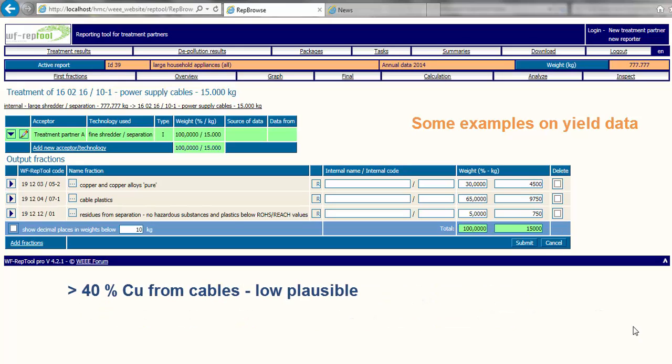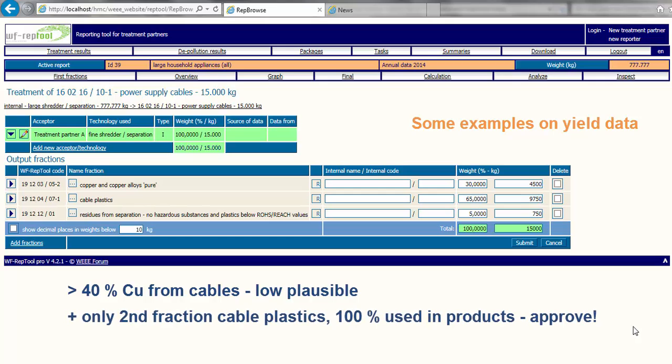A yield of a copper fraction from cables higher than 40% should be checked. Plus, an only remaining fraction of cable plastics being 100% used in products is low plausible and should be checked.